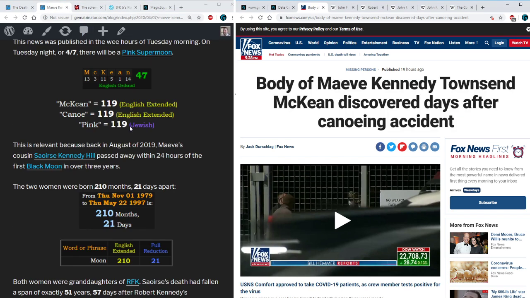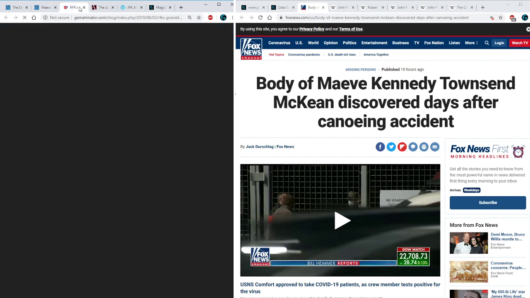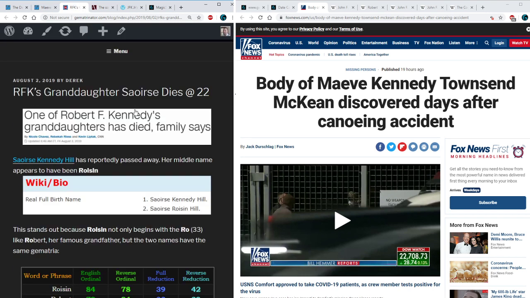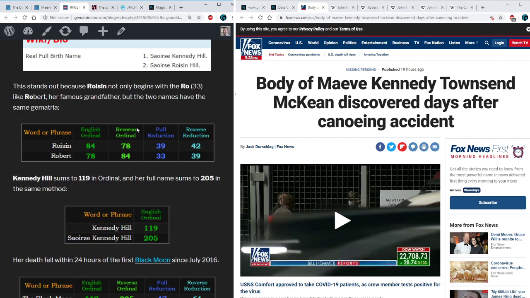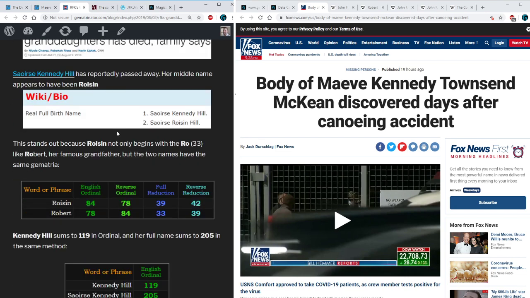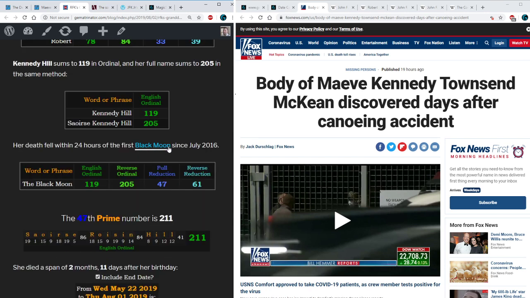Now, this is significant because last year, another granddaughter of RFK passed away. That was Saoirse Kennedy Hill. And in this post, I talked about how her death fell within 24 hours of the most recent black moon.